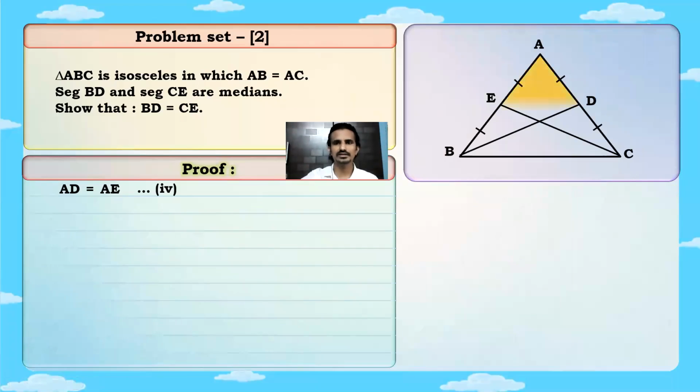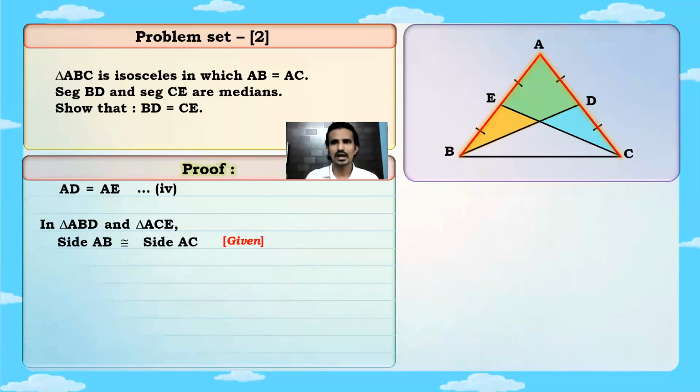Now we take the two triangles, again the same triangles, triangle ABD and triangle ACE. In these two triangles, we have just proved AD and AE are equal, and some information is already present, that is AB is congruent to AC. It is already given.